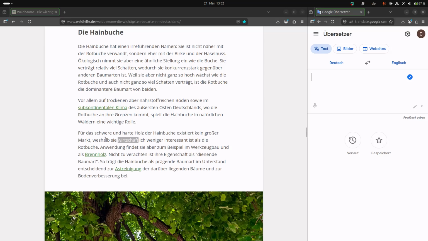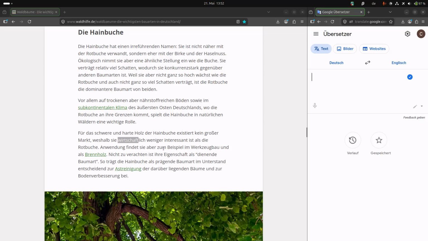So for the heavy and hard wood of the hornbeam exists no real market, for which reason it is less interesting economically speaking than the European beech.